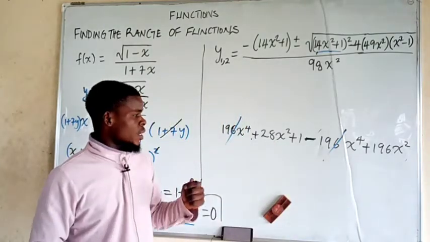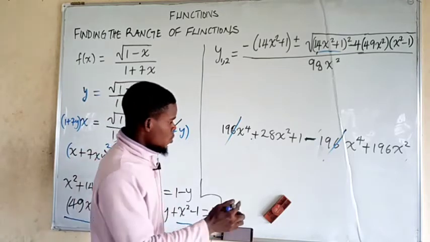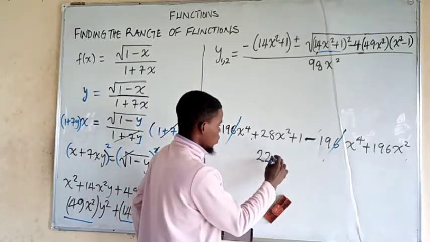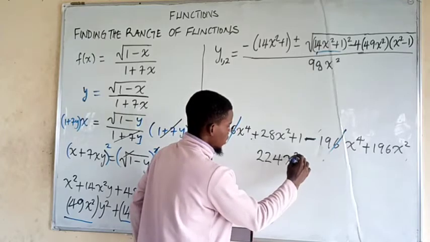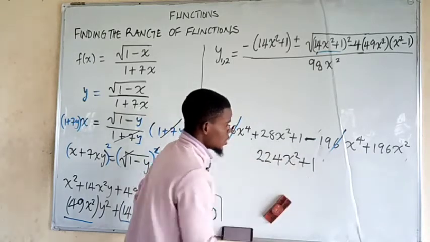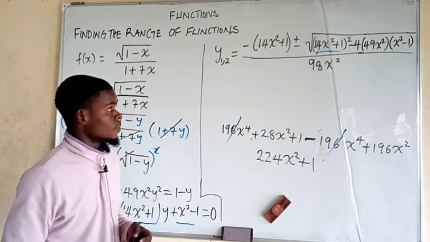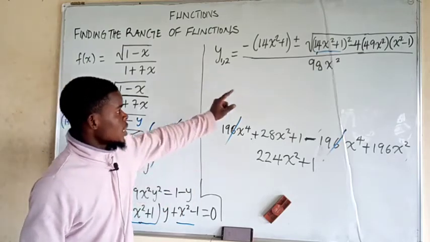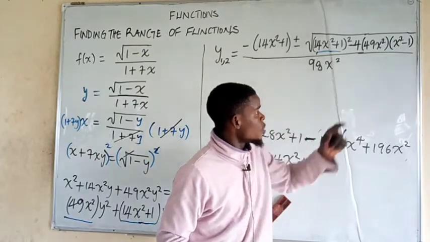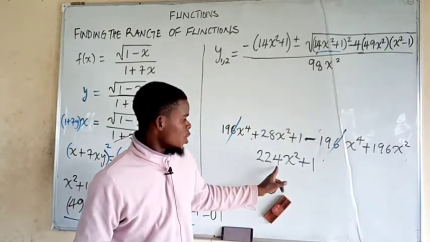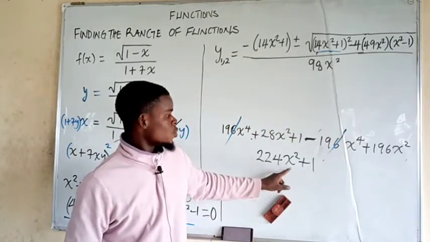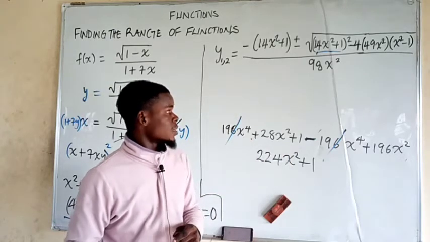So 28 plus 196 will give us 224x to the 2nd power. Then we add this one to that, where the other two terms cancel out because they are equal and opposite in sign. Good. So this tells us that under the square root sign, all those terms there, we can replace it with 224x squared plus 1, because this is what we get from the expansion of that.